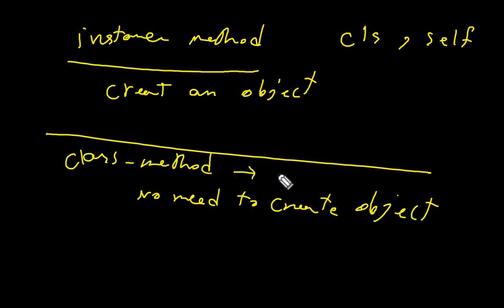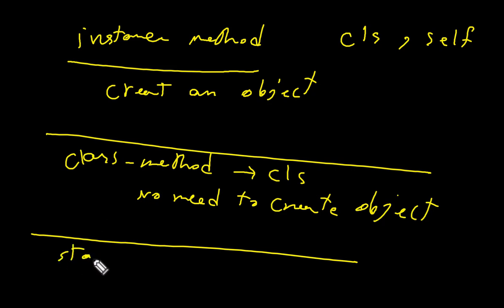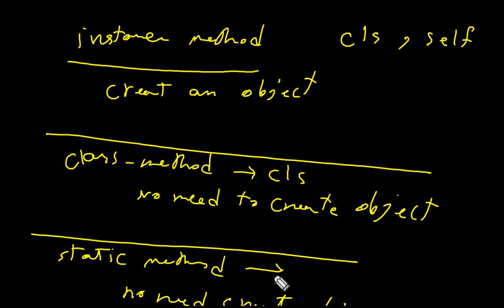It has access to only class variable. And for a static method, no need to create an object, and it has access to neither cls nor our instance variables.